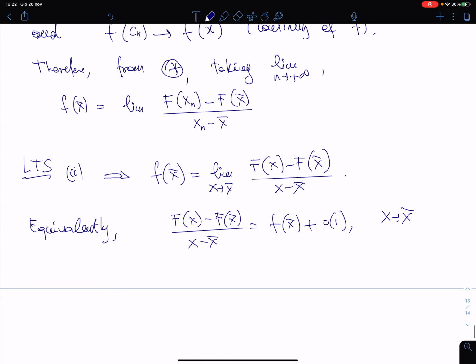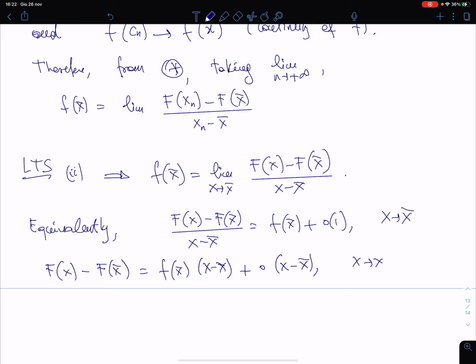And here, capital F of x minus capital F of x bar is equal to small f of x bar times x minus x bar plus little o of x minus x bar as x goes to x bar. This is the end of the proof. And now we are done. Now the program is easy.